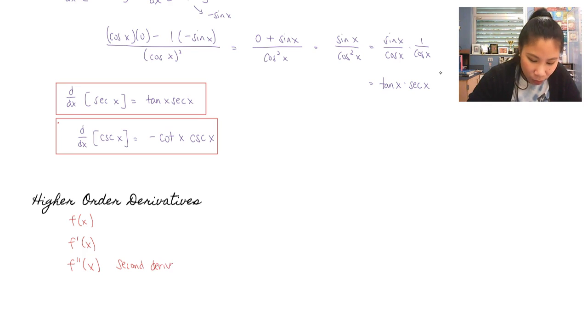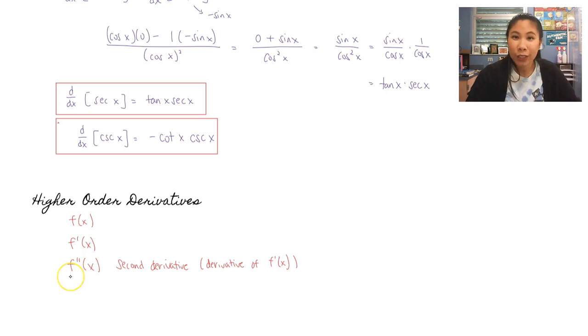So you're just taking the derivative of the derivative that you just found. We could even continue and find a third derivative. So we would label that as f with a triple prime, like 3 apostrophes, and that would just be the derivative of the second derivative.